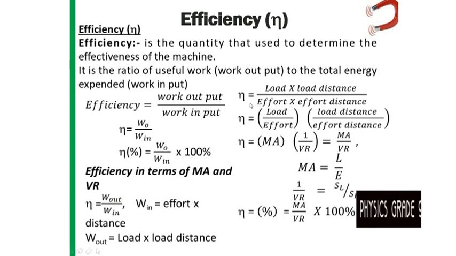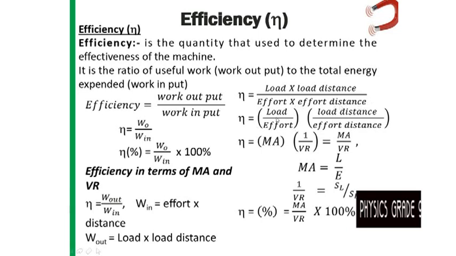So if we were to rearrange this in terms of load and load distance, we could write the efficiency as being equal to the load multiplied by the load distance divided by the effort multiplied by the effort distance.